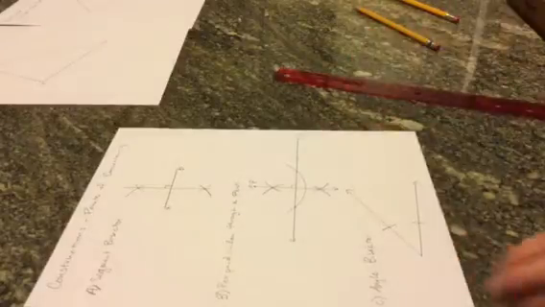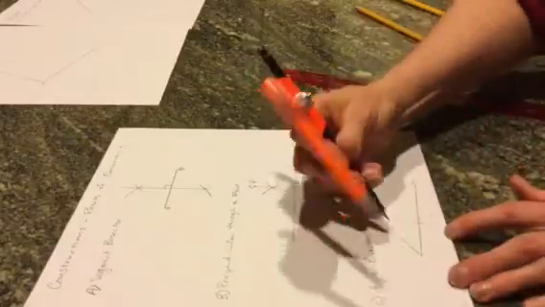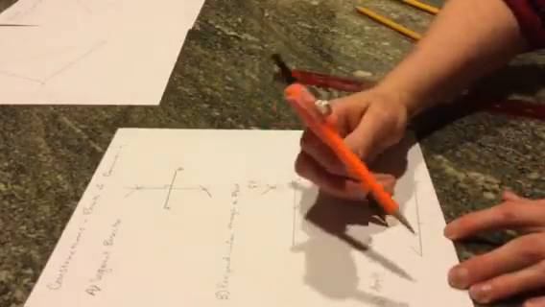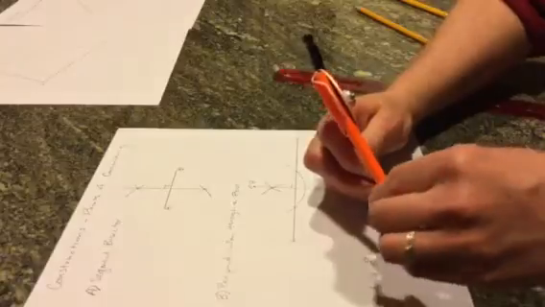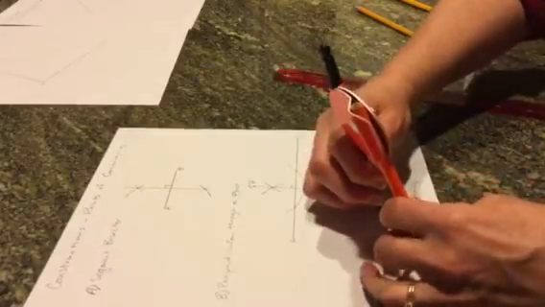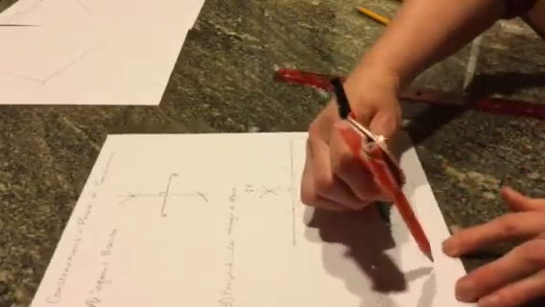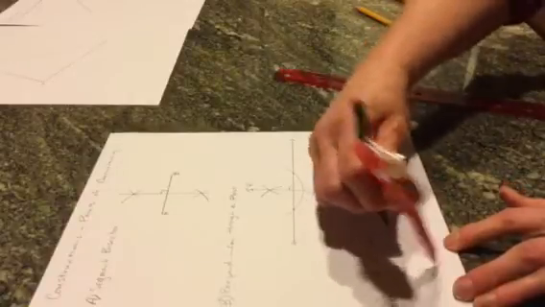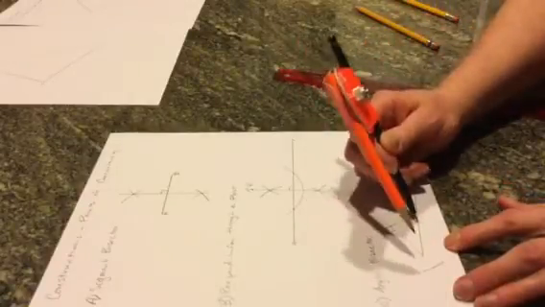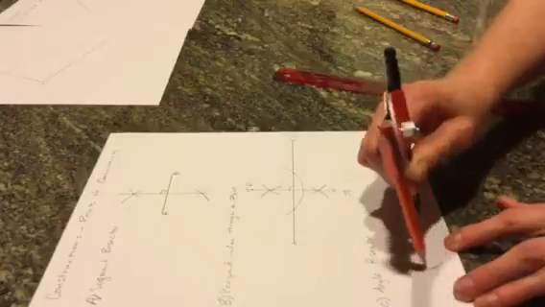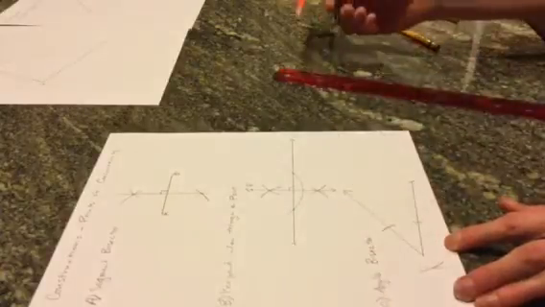This again could have been a complete marking, an arc that connects both sides of the angle. And then I'm going to go to each of those angle sides and open my compass and make an arc from each of these marked points with the same compass opening.